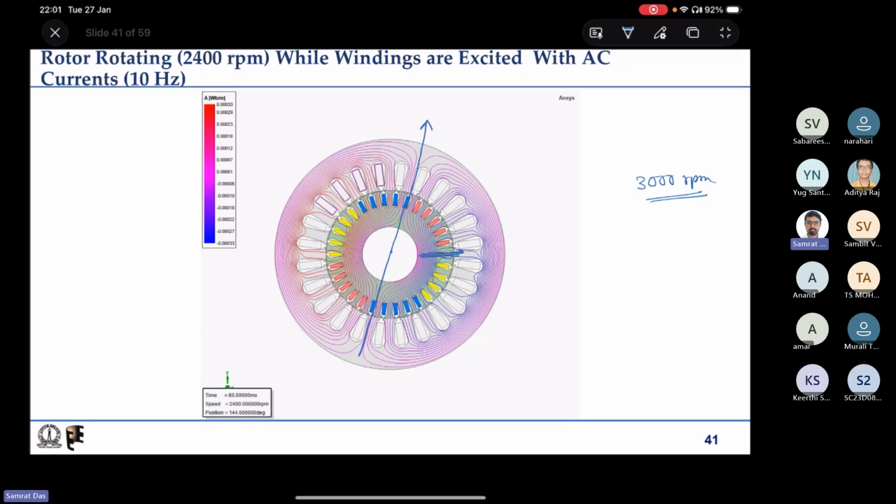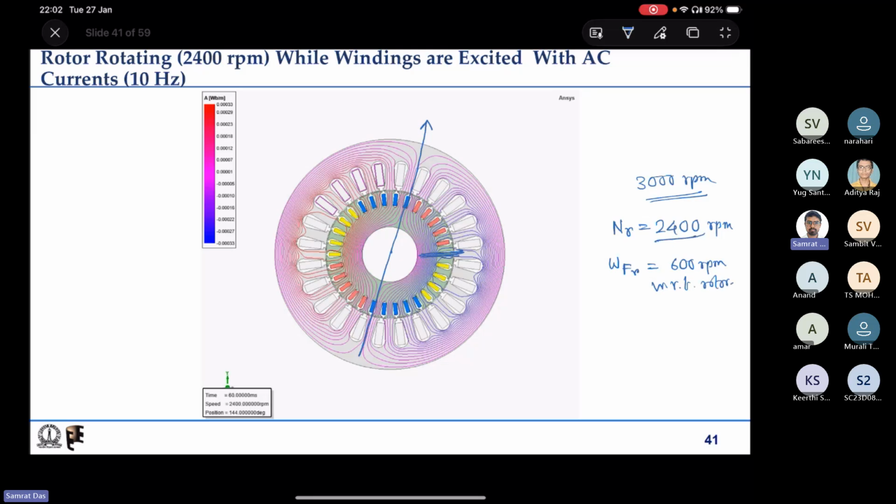Now in this case, the rotor magnetic field is also rotating at 3000 rpm, but it is realized by two things. One is the rotor itself, which is rotating at 2400 rpm in the anti-clockwise direction, and additionally, because of the excitation, the rotor magnetic field omega fr is rotating at 600 rpm with respect to the rotor.